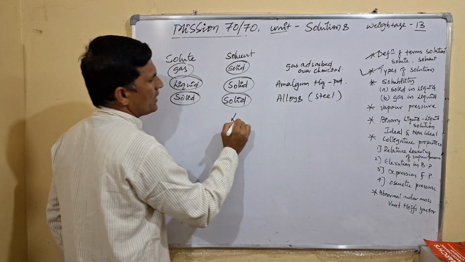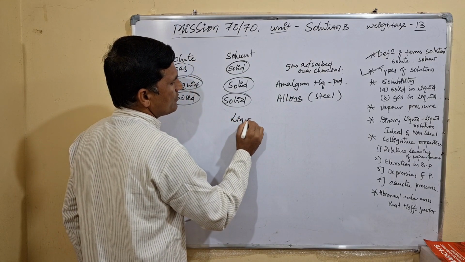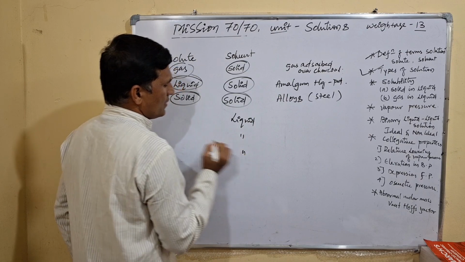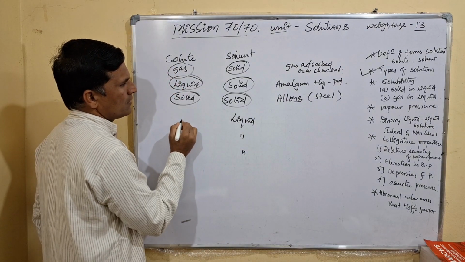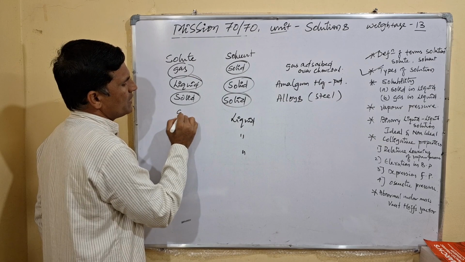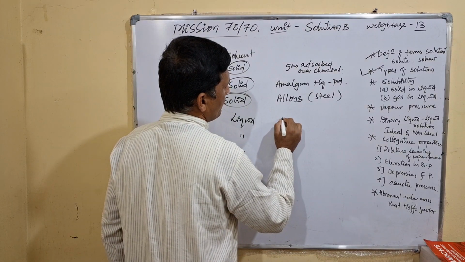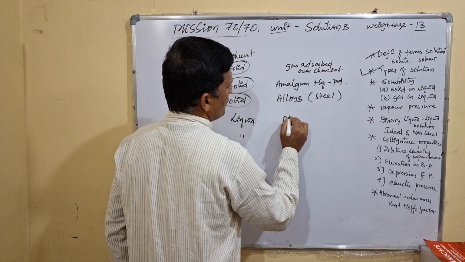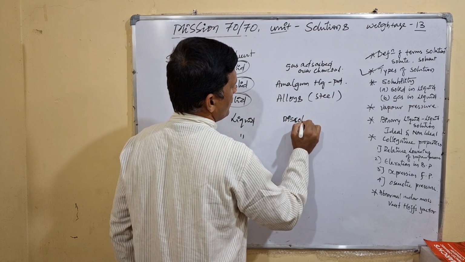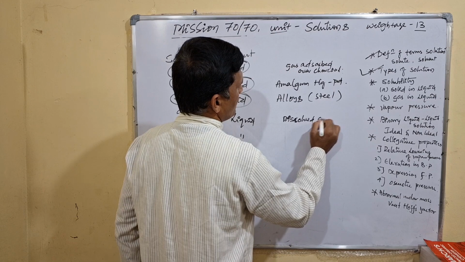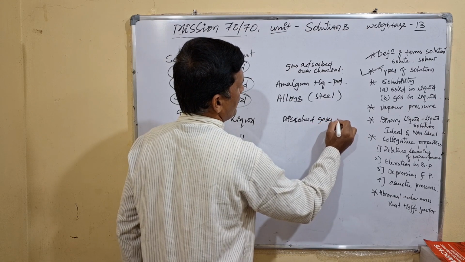Then once again we will take the solvent as liquid, and the solute, for example, gas. Normal water has dissolved oxygen, dissolved gases in water.